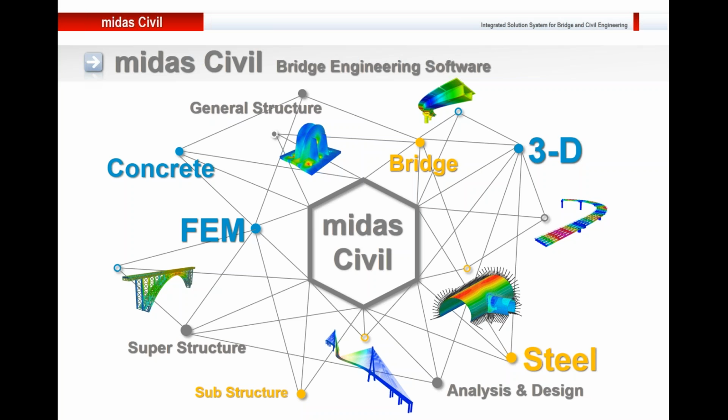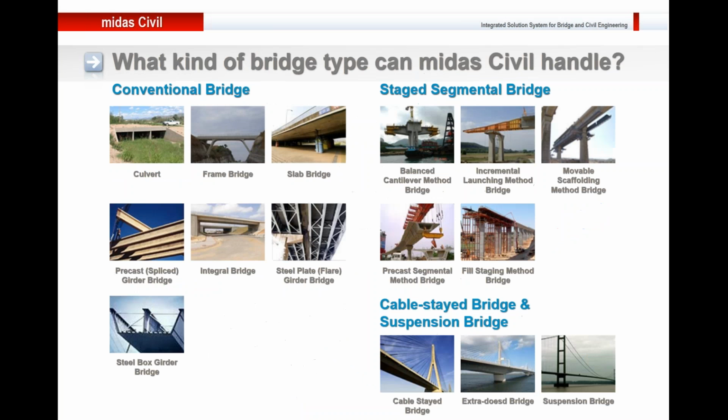But today I'm going to focus on the steel composite girder bridge options, functions and modules. Also, the key value of MIDAS Civil is that you can model the superstructure, substructure and solid property at the same time, and you can get the result values from there.